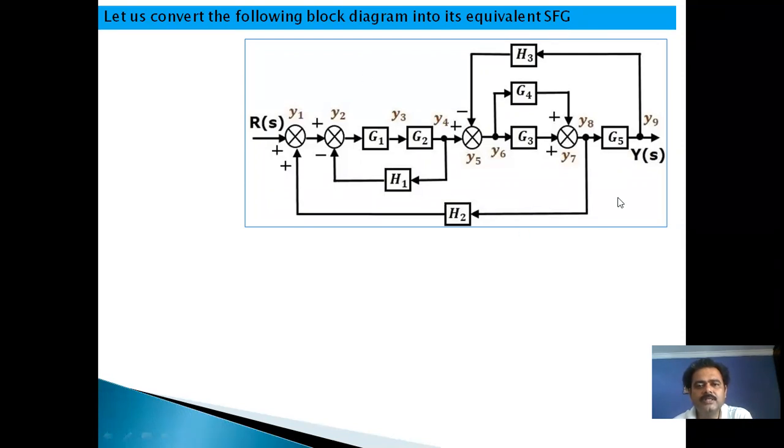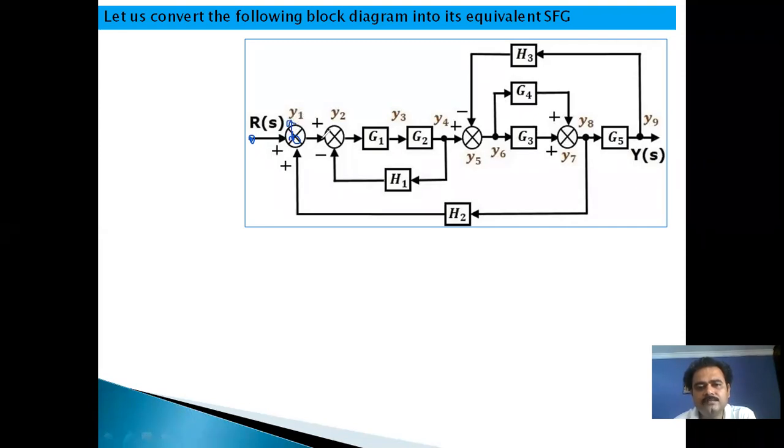Now how to convert this block diagram into a signal flow graph? First step we have to identify, this is an input node where only the output branches are available. Okay, so this is an input node R(s), and each and every junction we have to represent with a variable.